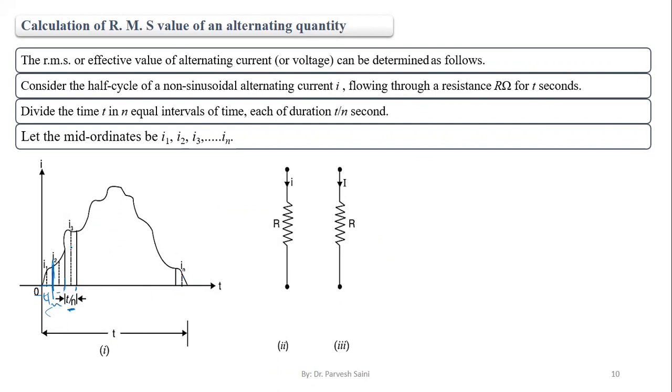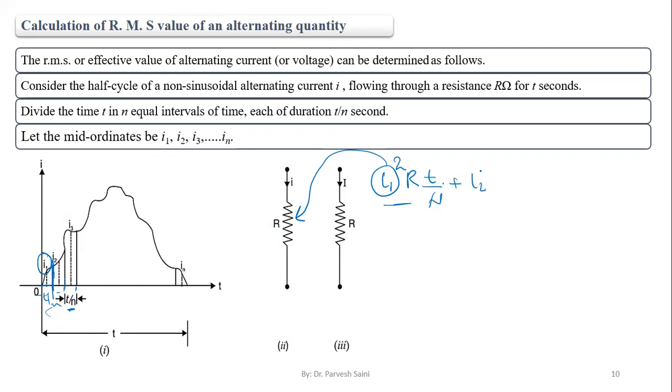So when this current I1 flows through this resistance R, the heat will be I1 square times R times T by N. This is the amount of heat produced by I1 in R for T by N duration.